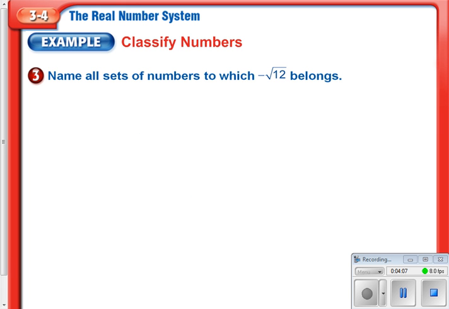Example 3. Name all the sets of numbers to which negative square root 12 belongs. Well, first thing I would do is figure out the negative square root 12. Well, we know that we're not going to get a whole number here. So it is approximately, and this is when you put that on your calculator, we get about negative 3.464101615.